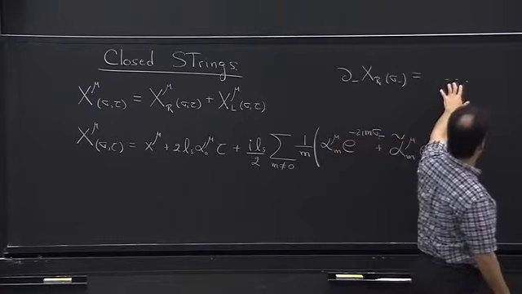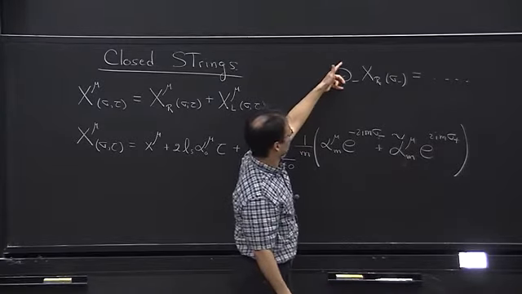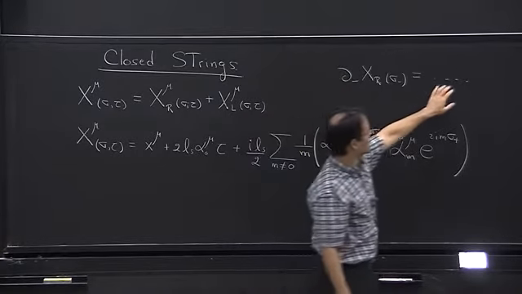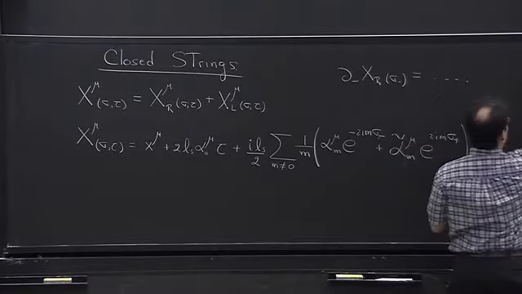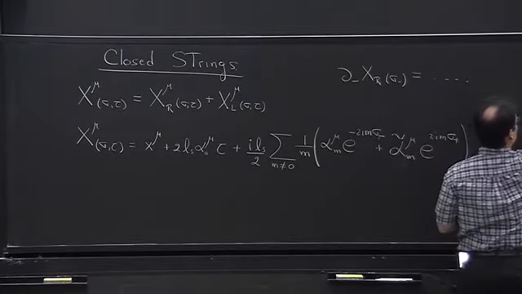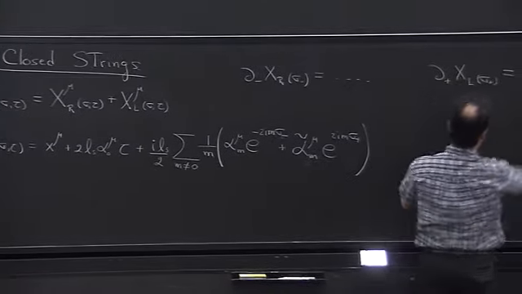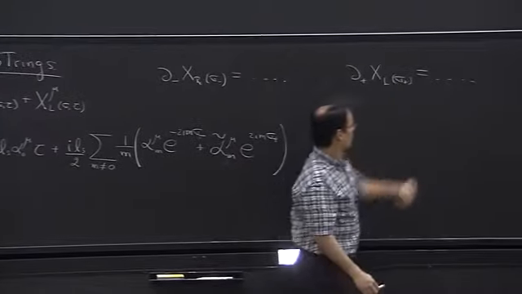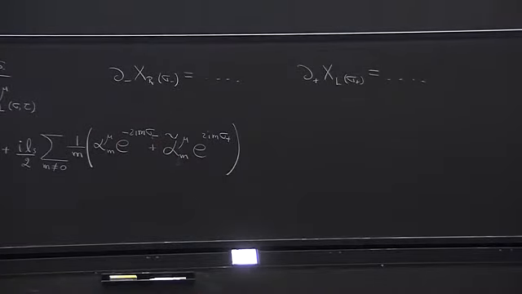We expanded in Fourier modes. We said this is periodic in sigma, so we can expand it. And this is what we got. And the other one was also periodic in sigma, and the Fourier modes are given by alpha tilde, okay?